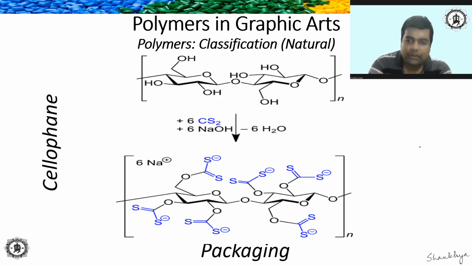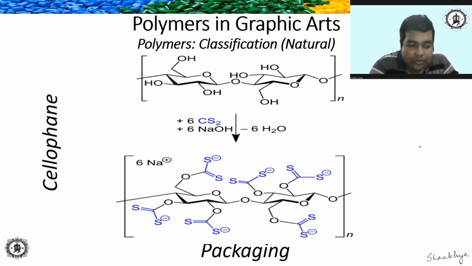Okay, another example where cellulose has been modified using synthetic materials to suit particular purposes is cellophane. I think you all know what cellophane is. We have used cellophane during our art projects, maybe in school. But cellophane is nothing but regenerated cellulose, modified with the help of sulfur.